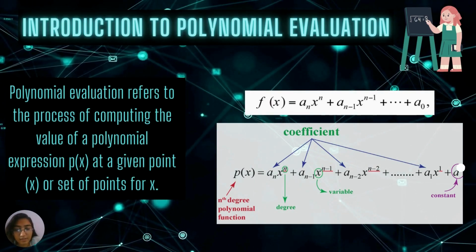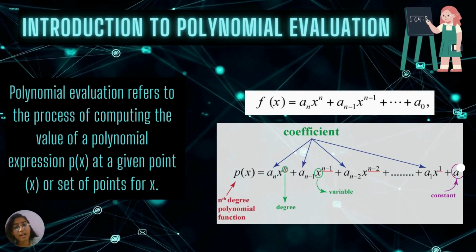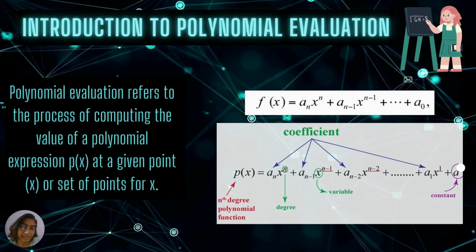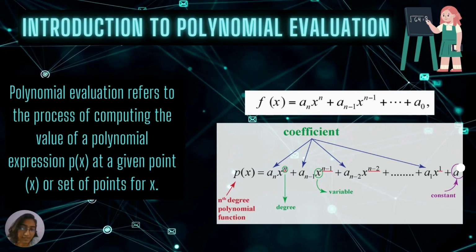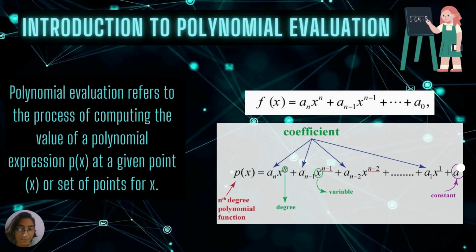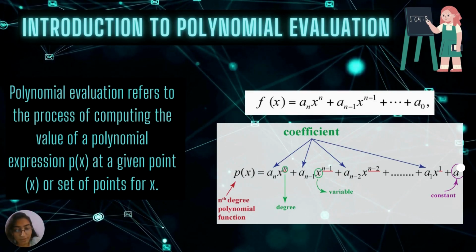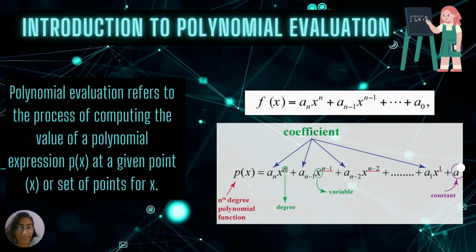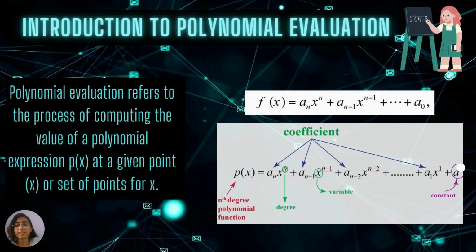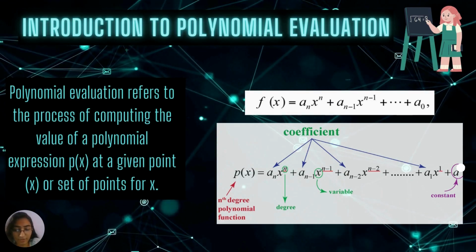The largest exponent of the expression is known as the degree of that polynomial. Here the largest exponent we can see is x to the power n, so n is the degree of the polynomial, and we can say that p(x) is an nth degree polynomial function. Suppose the largest degree is 3, that is a third degree polynomial function, that is a cubic polynomial.